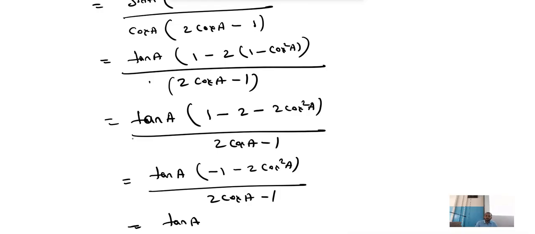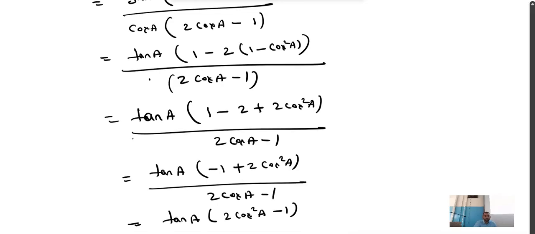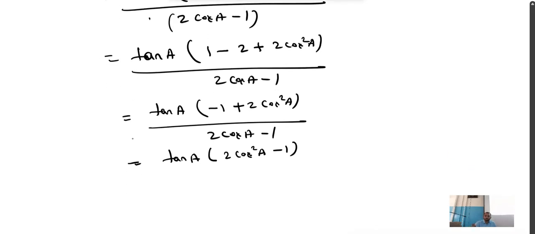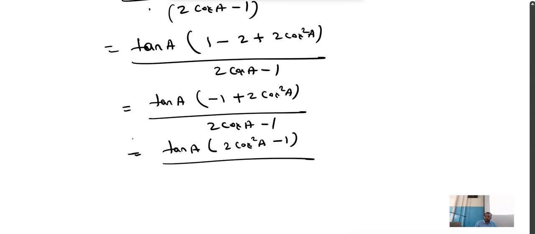Minus into minus, plus 2 cos square A. Correct? 1 minus 2, minus 1. And this is plus 2 cos square A. So tan A into 2 cos square A minus 1, because I am writing first positive then negative, 2 cos square A minus 1 divided by 2 cos A minus 1.